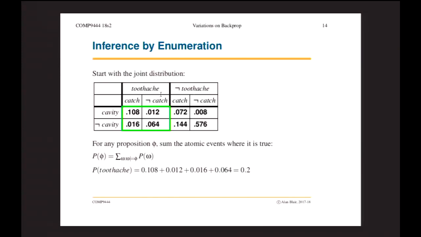If you add up all these 8 numbers, the sum is 1. If you add up these 4 numbers, it turns out to be 0.2. So this is saying that in this particular place, on any given day, 20% of the people are wandering around with a toothache.